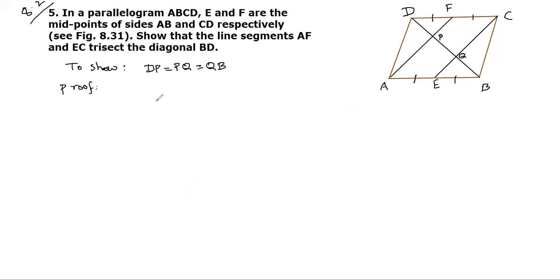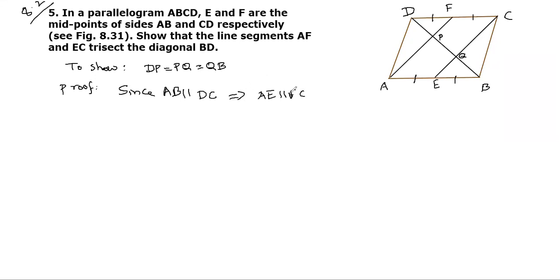So consider, since AB is parallel to DC, this implies that AE will be parallel to FC.